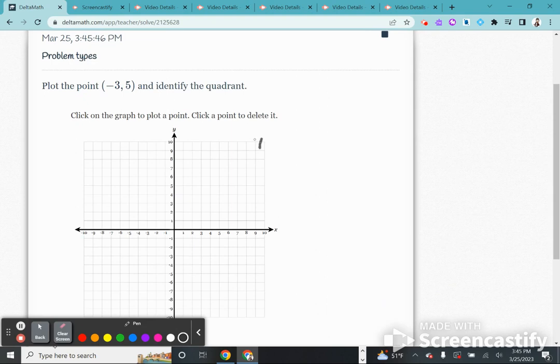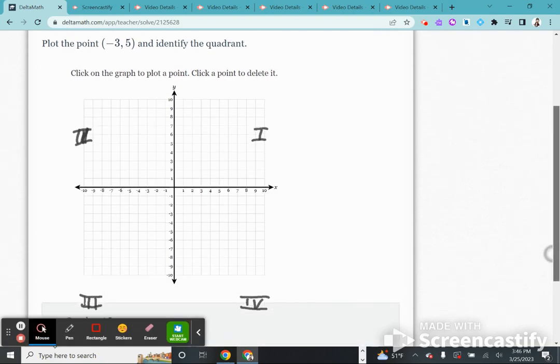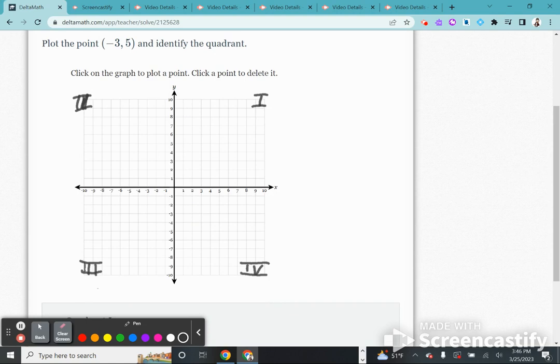So, again, I remember I'm in quadrant 1. Positive, positive. Quadrant 2. Quadrant 3. And quadrant 4. So, quadrant 1, I have positive, positive.